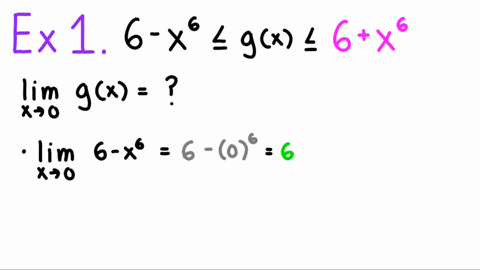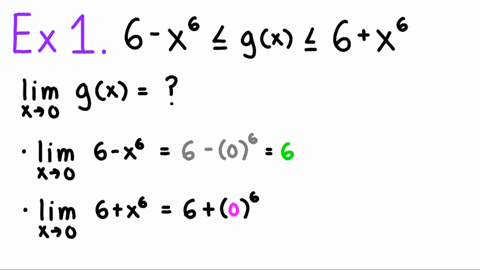For the limit on the right, we'll have the limit of 6 plus x raised to 6 as x approaches 0. Again, this is just a polynomial, so we can just plug in 0 again. So we'll have 6 plus 0 raised to 6, and 0 raised to 6 is just 0, so we'll be left with 6. And observe that these two limits are equal.